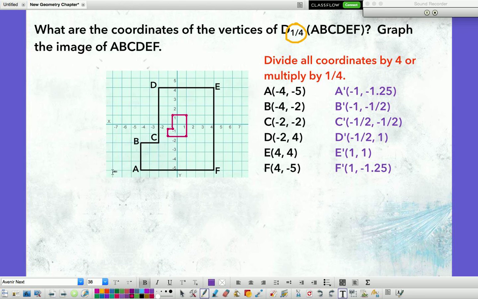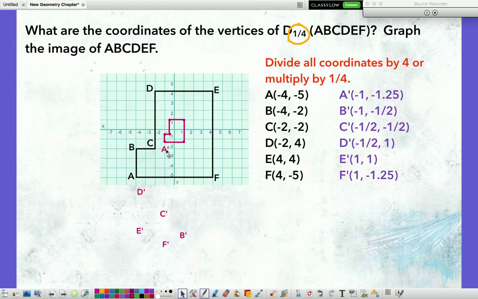Okay, let's label this A prime, B prime, C prime, D prime, E prime, F prime.